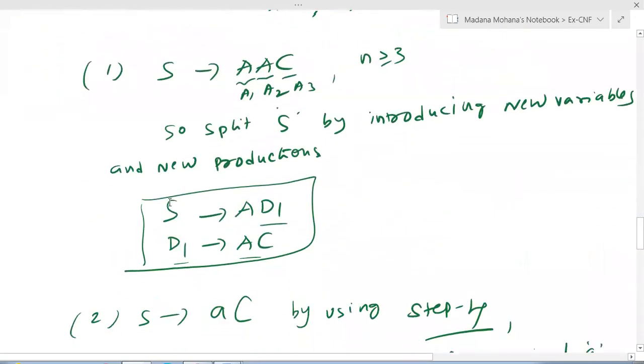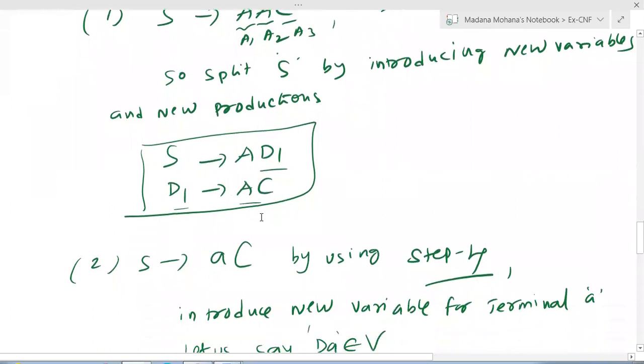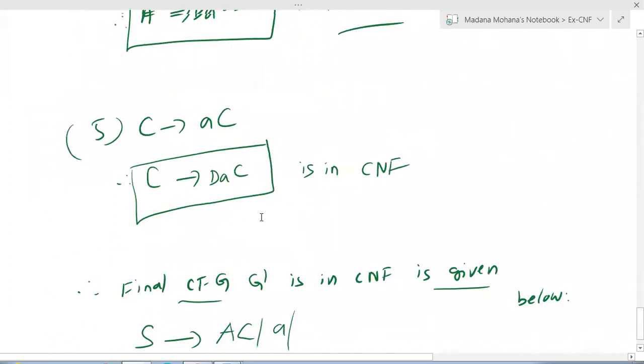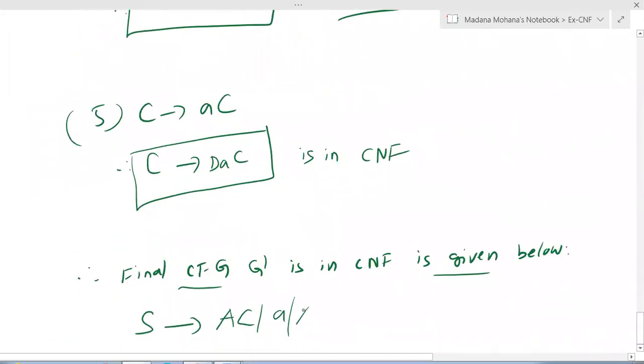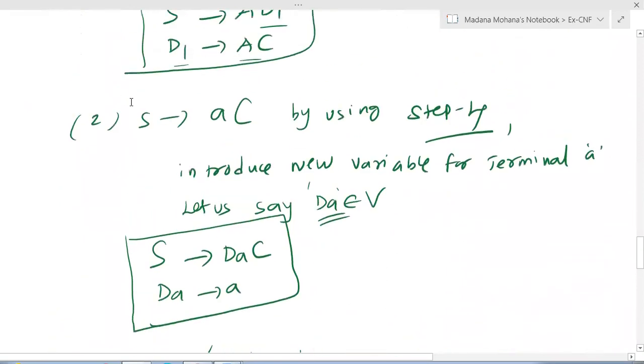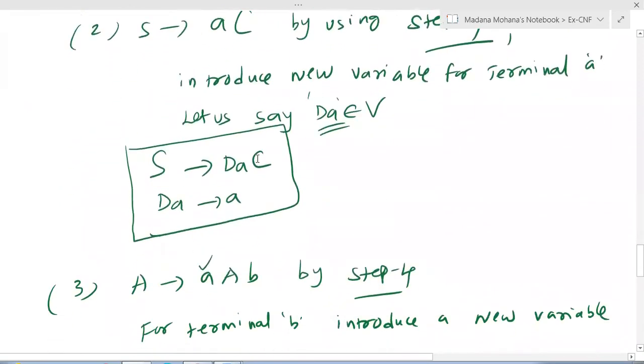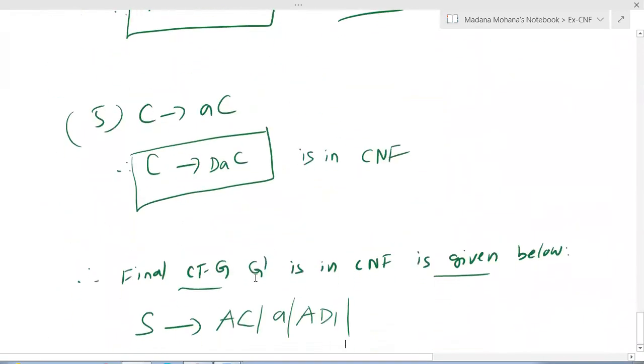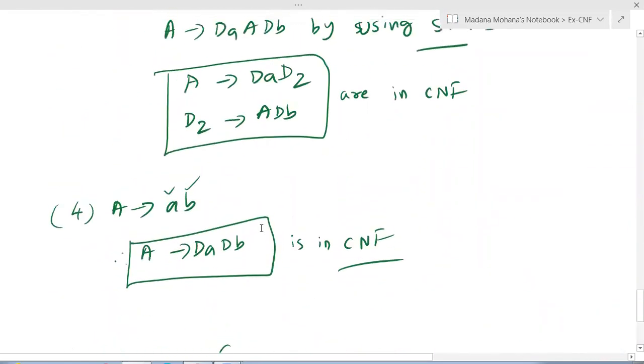The new productions are S derives A D1, A D1 starting with S. Then again S derives D suffix A C. Now you can write down all the new variables' productions also.